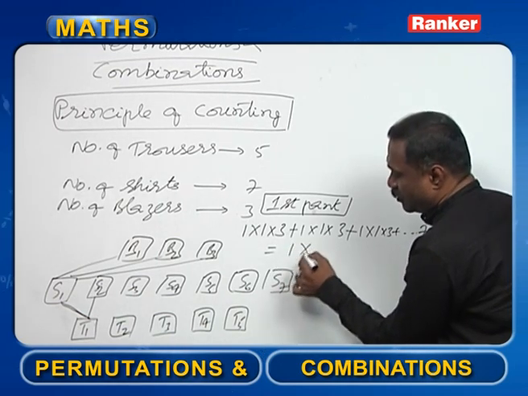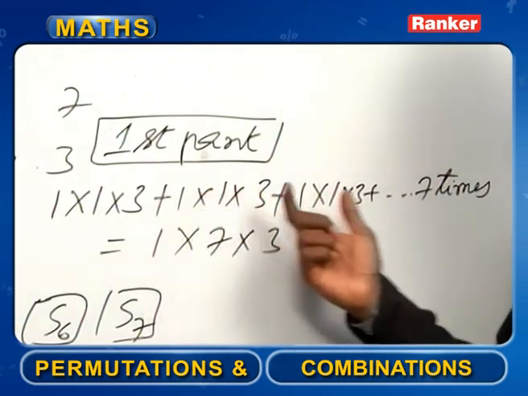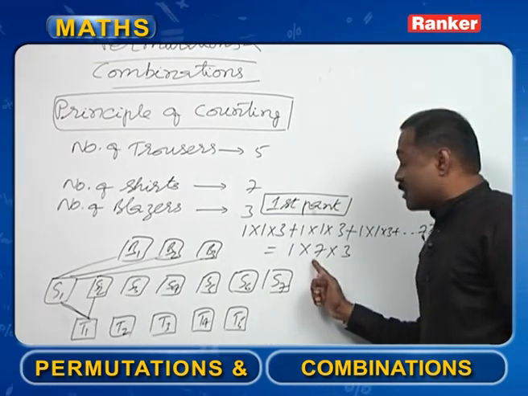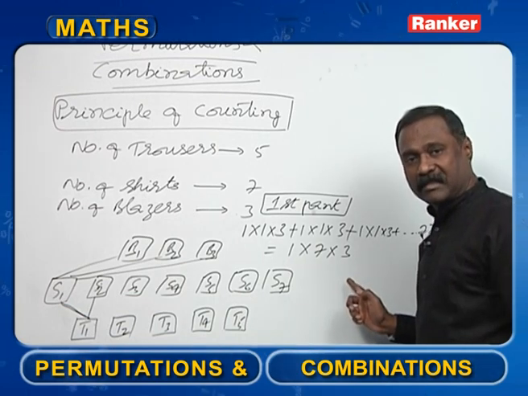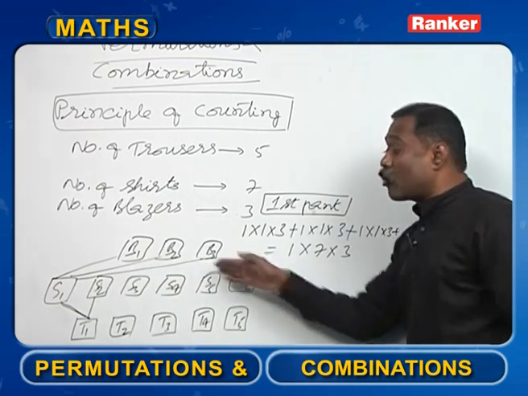So it is 1 into 7 into 3. For the first pant, he has 7 into 3 combinations. You can understand.